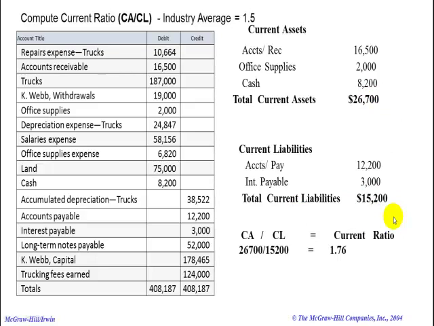Divide the two, and you get a current ratio of 1.76, which means that for every dollar of current liabilities, I have $1.76 worth of current assets. Normally 2 to 1 is pretty good, but for this problem it says the industry average is 1.5, so it looks like we're doing a little bit better than the industry average. So that's good. And that's the end of the problem. Long problem.